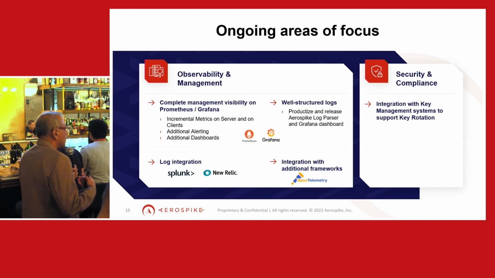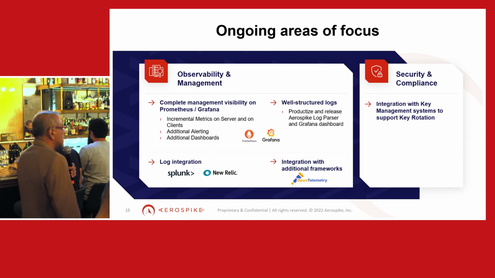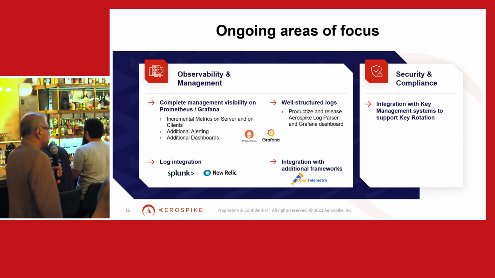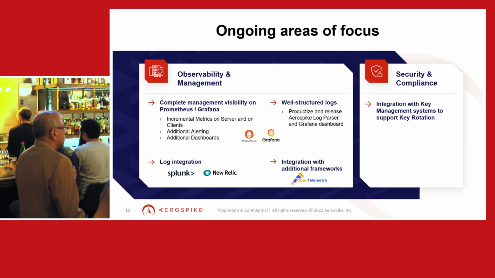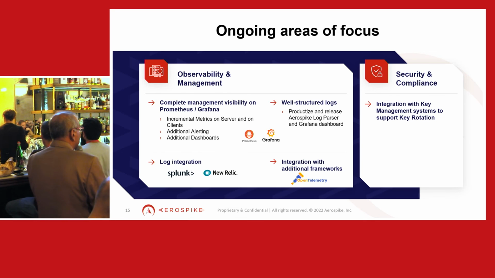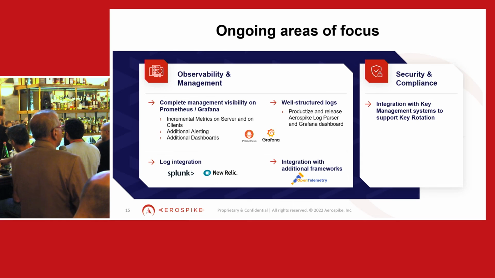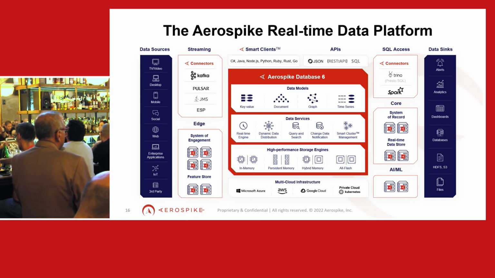But I really want us at Aerospike to actually learn from that and build out these features so new customers and people like yourself don't have to invent it again. So that's a huge focus for us in terms of observability and management. And I think that summarizes the roadmap.